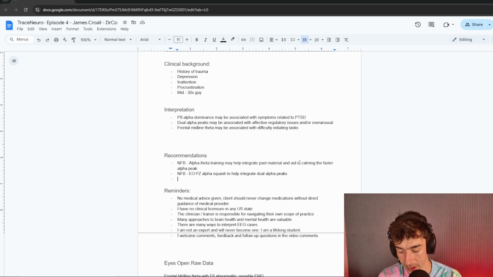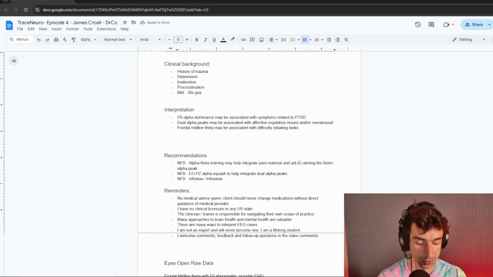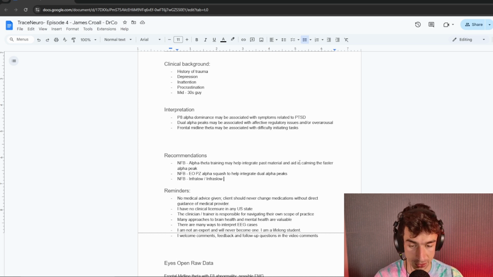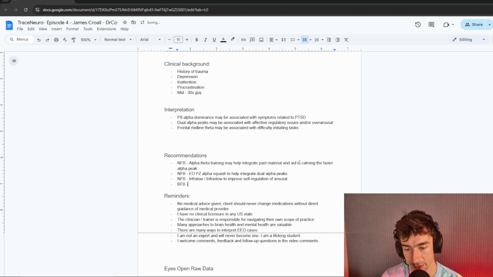One approach would be infralow slash infraslow to aid in essentially arousal modulation. And also biofeedback.